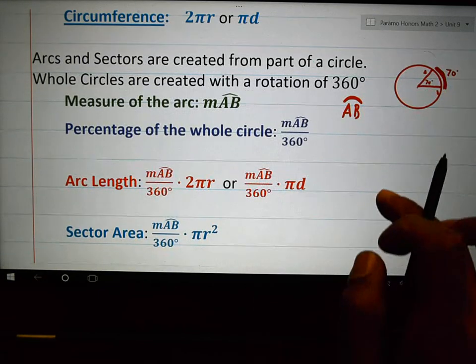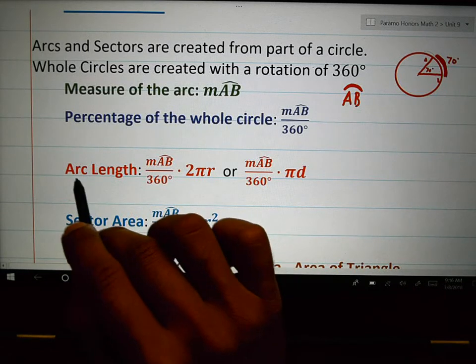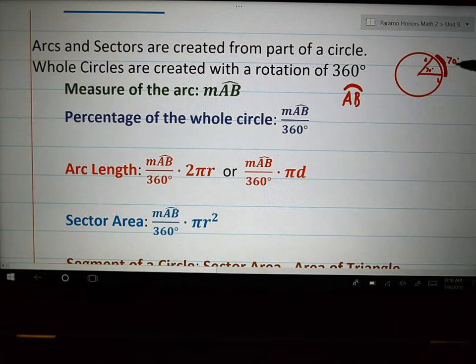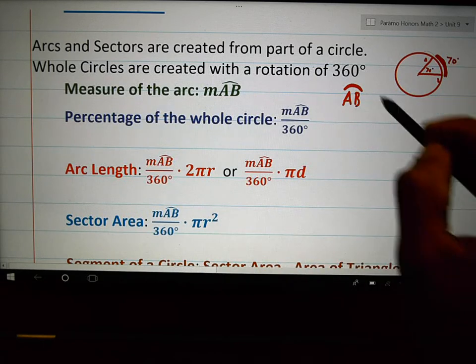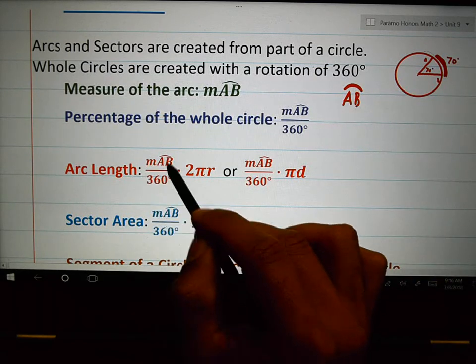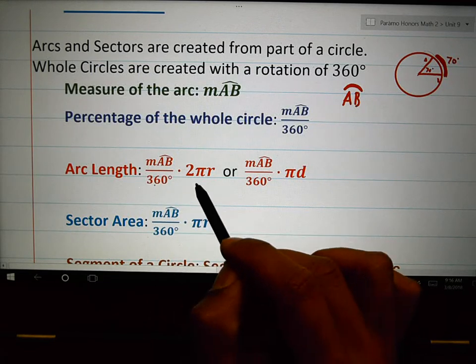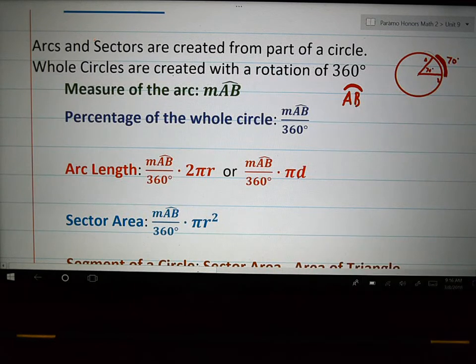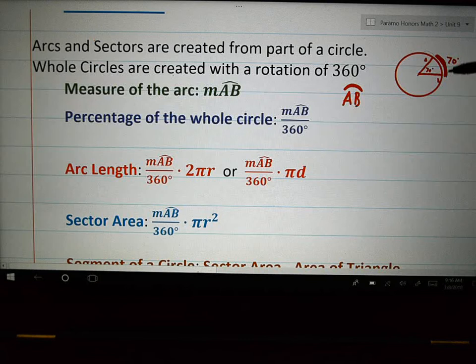Which means if I wanted to figure out how long this was and find its arc length, all I really have to do is know how many degrees out of 360, times the circumference of the whole circle. This will find the percentage of the circumference, whether you're given a radius or a diameter. That's how you're going to find this distance. This is arc length.